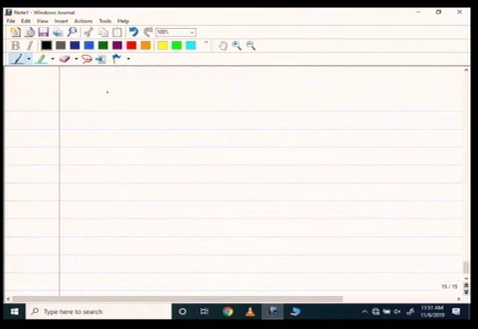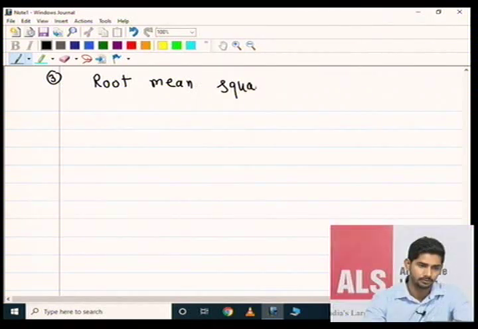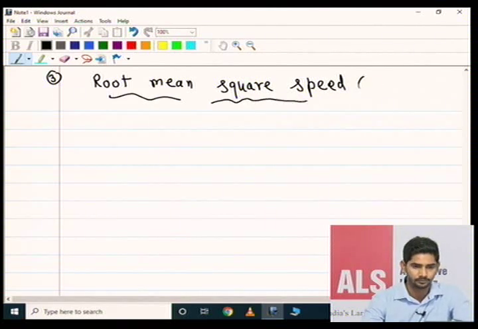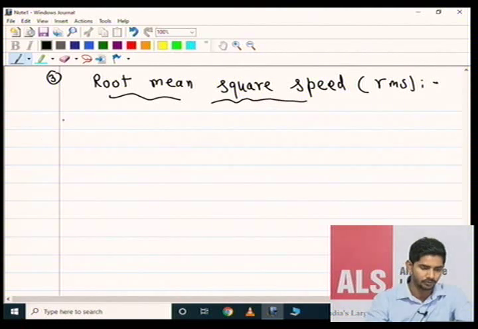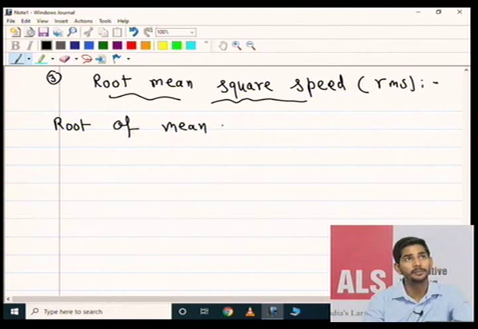Next, root mean square speed. This is known as the RMS speed. Okay, so this is your root of, quite a mathematical term.